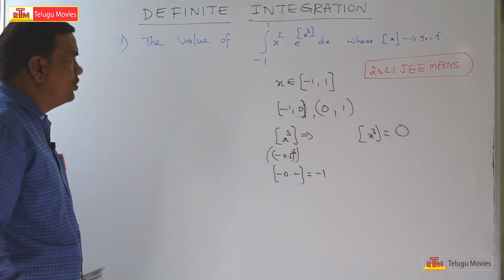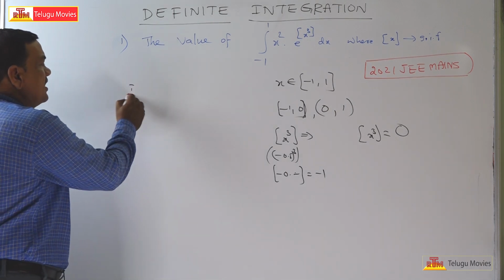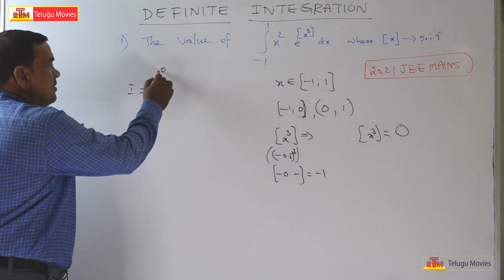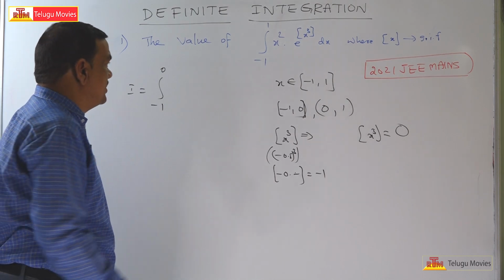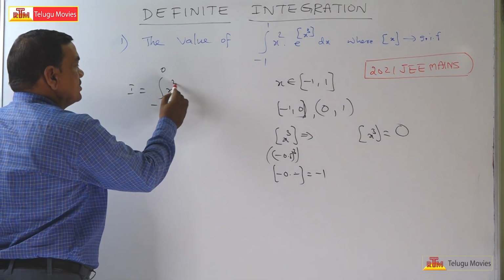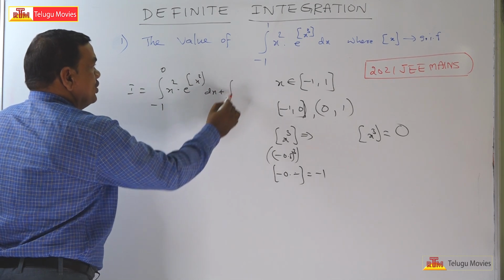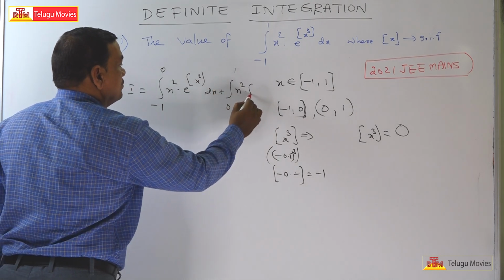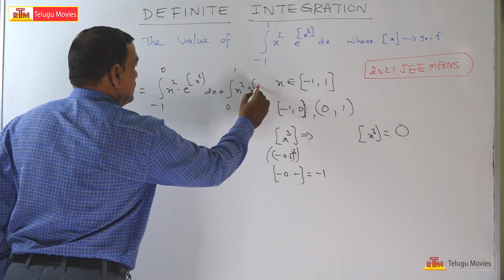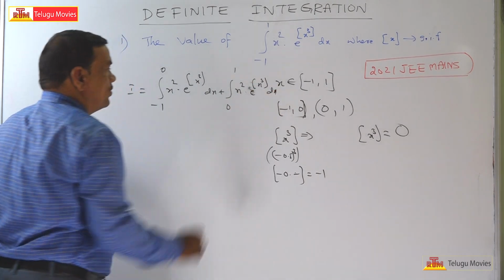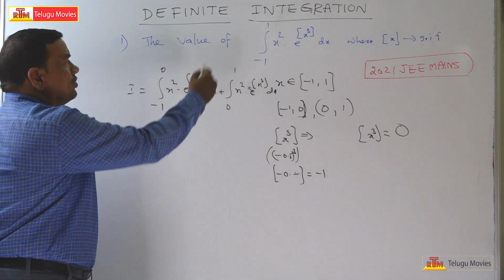Now I am separating that interval using properties of definite integration. Integral minus 1 to 0 of x square into e power step of x cube dx plus integral 0 to 1 of x square into e power step of x cube dx. So understand this, minus 1 to 0 and 0 to 1.